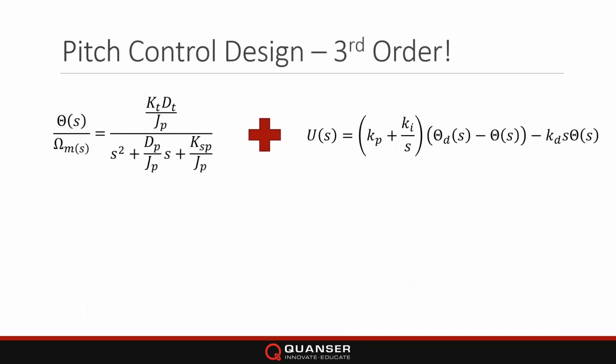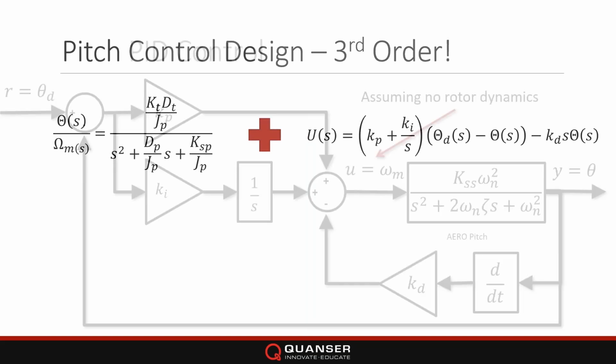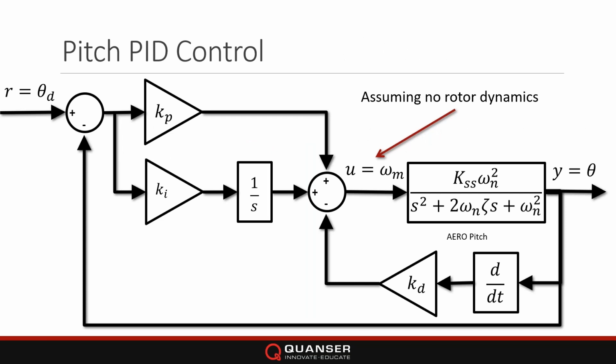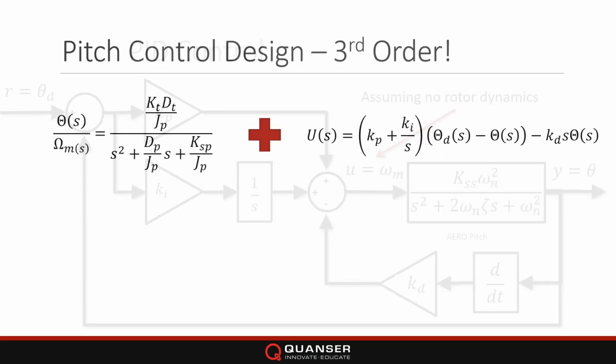Now, if you recall from the system ID, we found that it was a second order transfer function, right? So we identified that second order model of the pitch. And one more note, the control variable of the PID is the rate, right? So we're feeding the rotor speed and not the voltage. The rotor speed is going to be our control command.